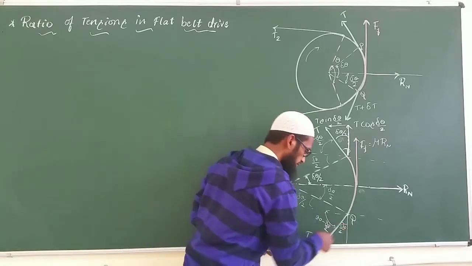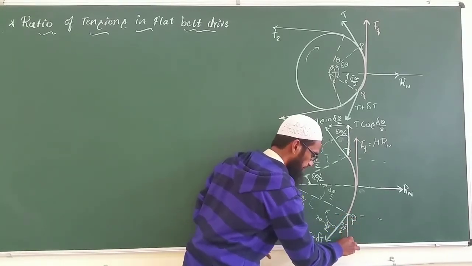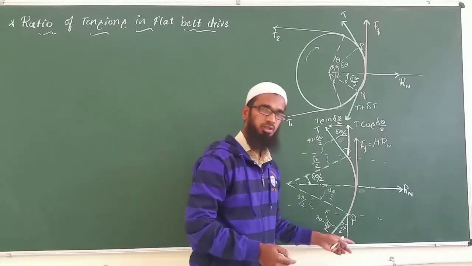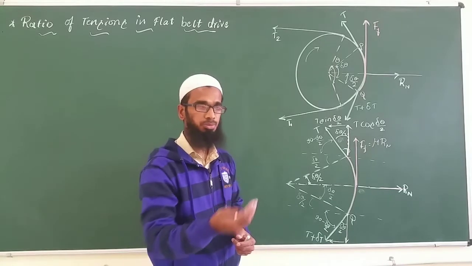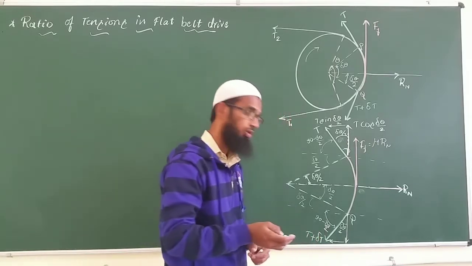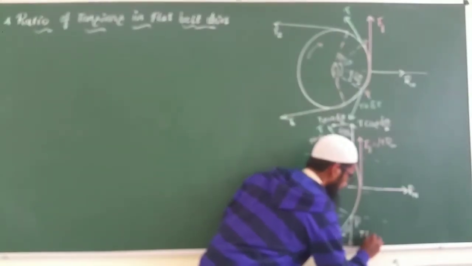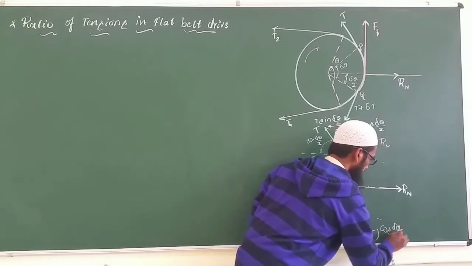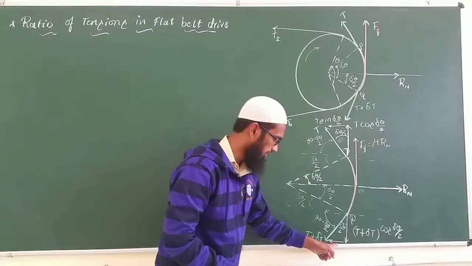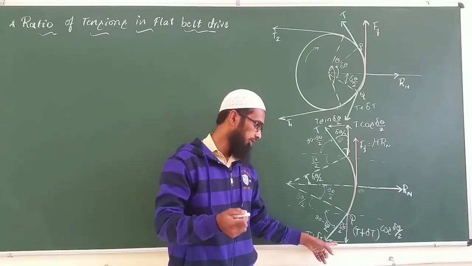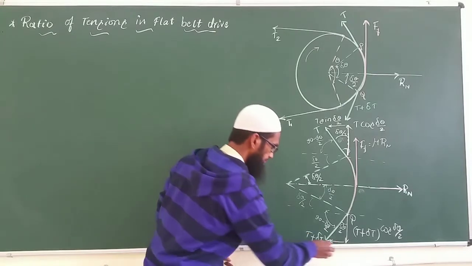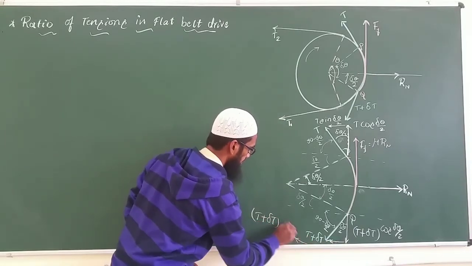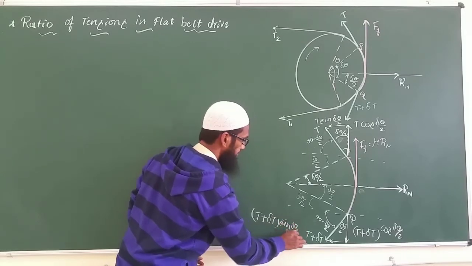Now I can write the component of this T plus dT in the vertical as well as the horizontal. In the vertical component, because of the angle, we have a cos function, so I'll write (T + dT) cos(dθ/2). But the horizontal part will be (T + dT) sin(dθ/2).